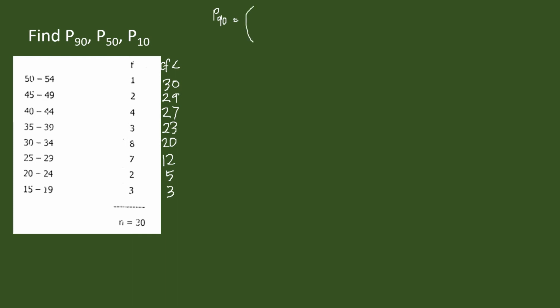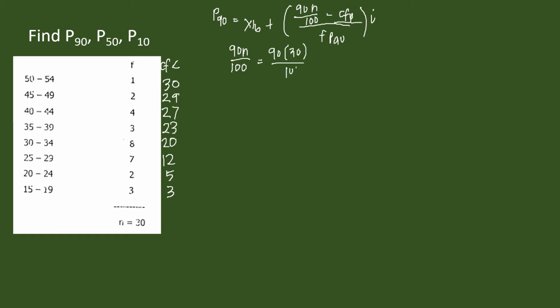Our formula would be the lower boundary plus 90n over 100 minus CFP over F of P90 times I. Solving first for the locator, 90n over 100, we will have 90 times 30 over 100, which is 27.